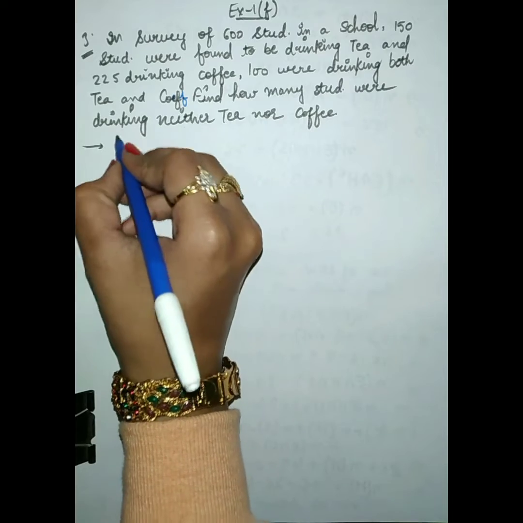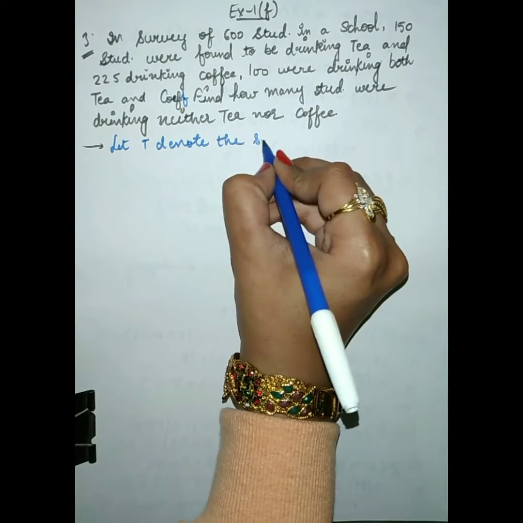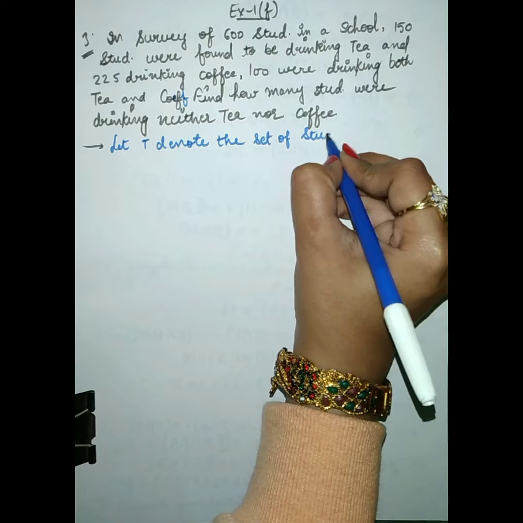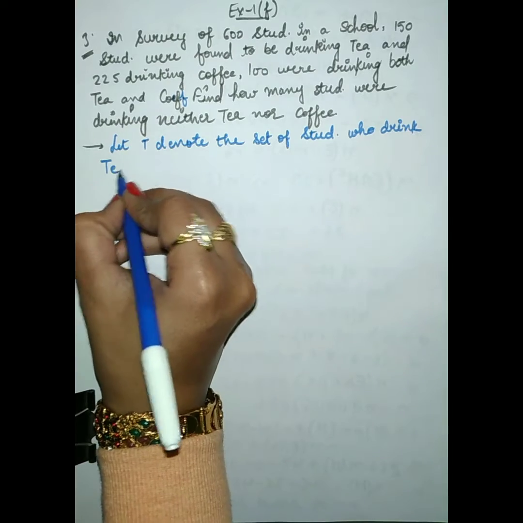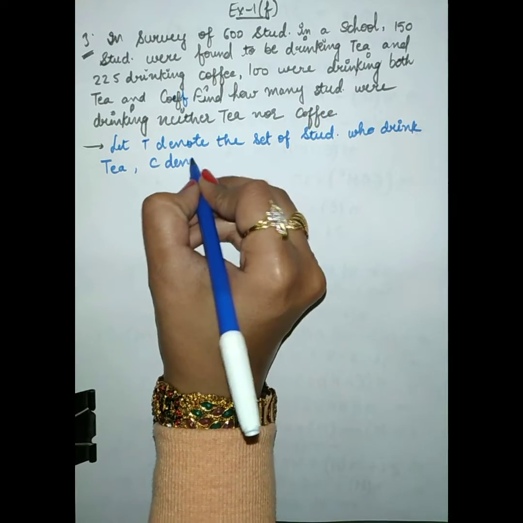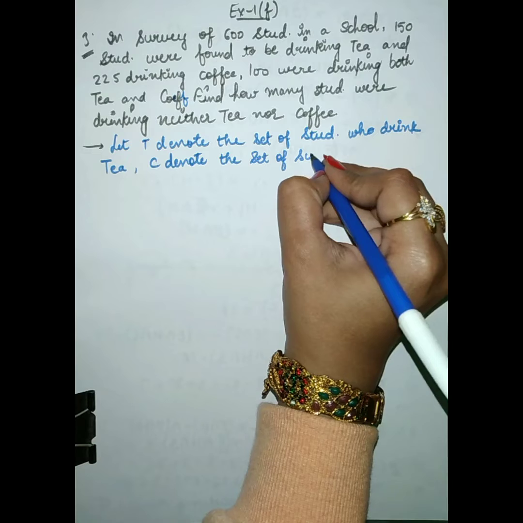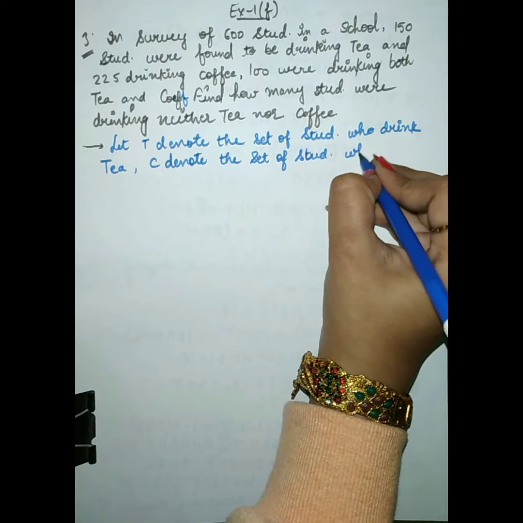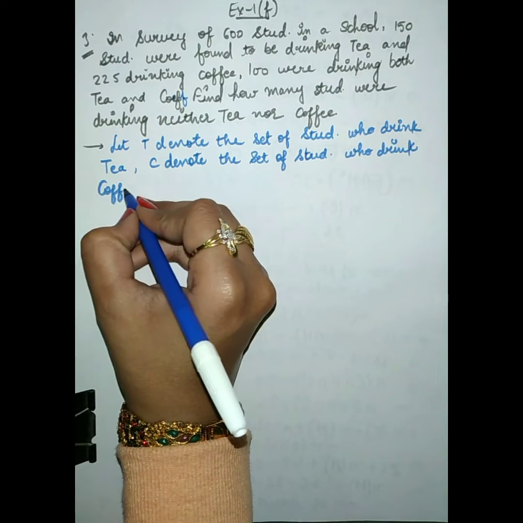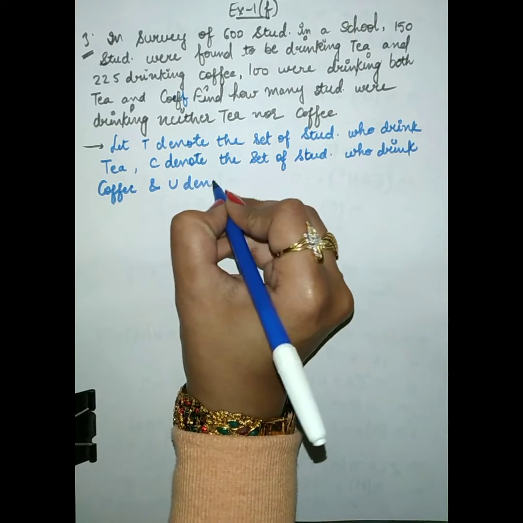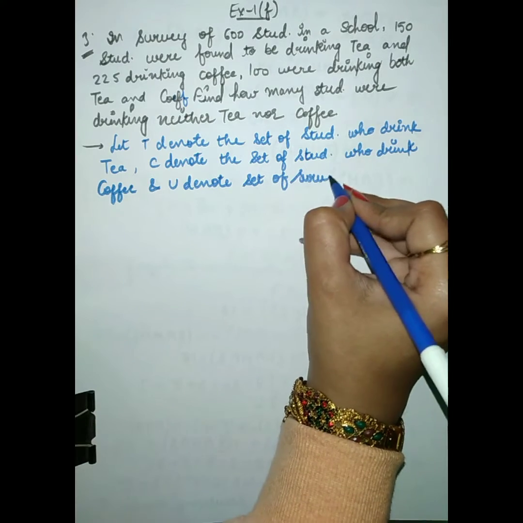Now let us start. Let T denote the set of students who drink tea, and C denote the set of students who drink coffee, and U denote the set of survey students.